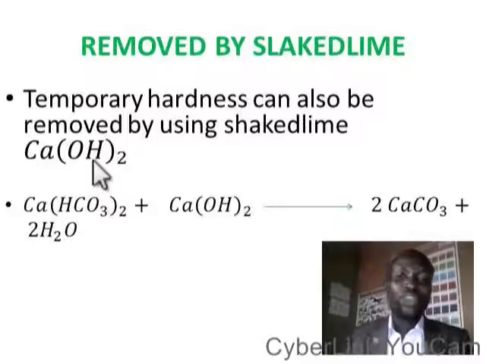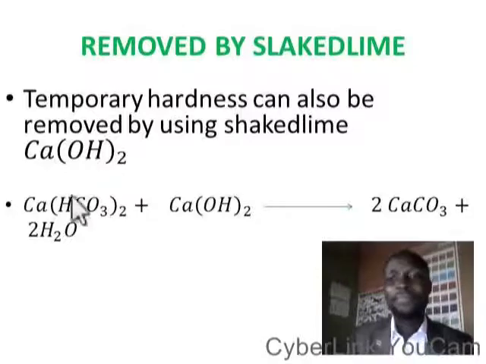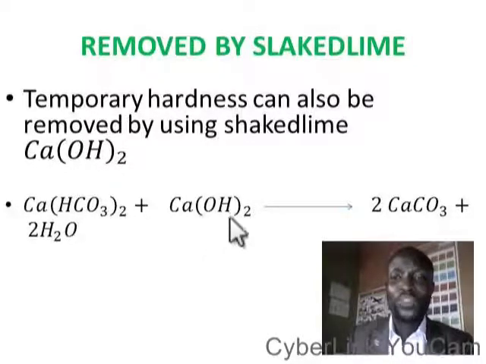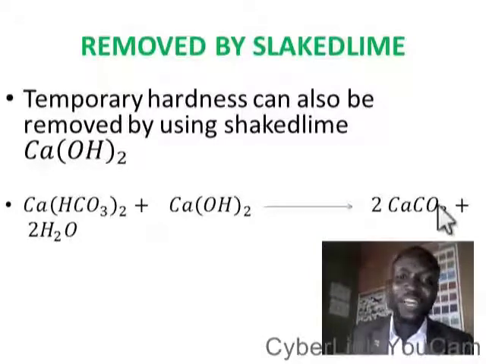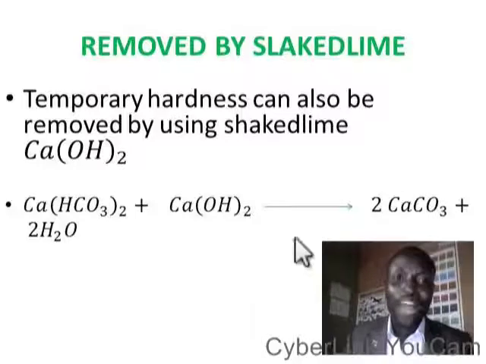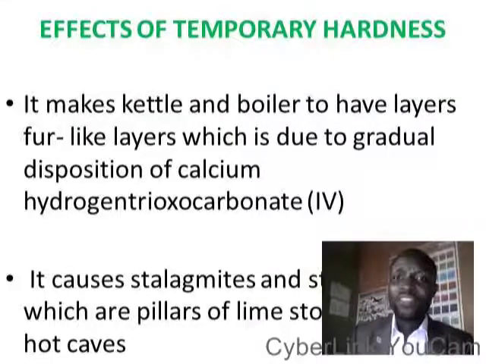The process of forming slaked lime is called slaking of lime. So, calcium hydrogen carbonate plus slaked lime gives us calcium carbonate and water. Let's move on. Now, that is how you can remove temporarily hard water.